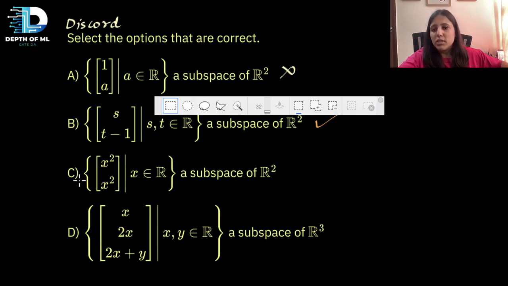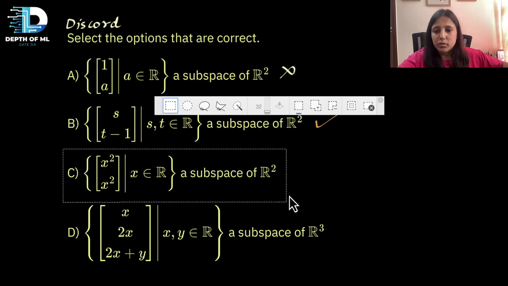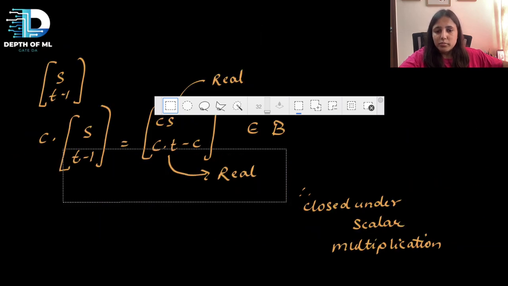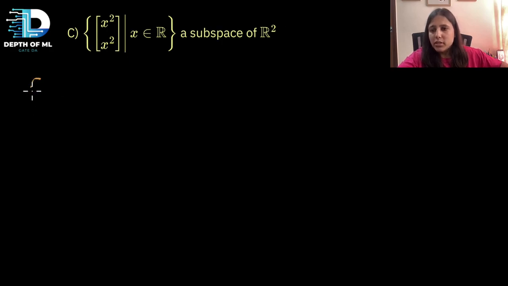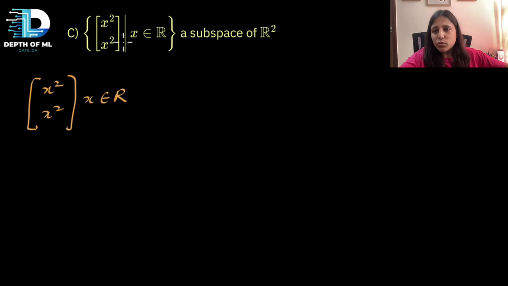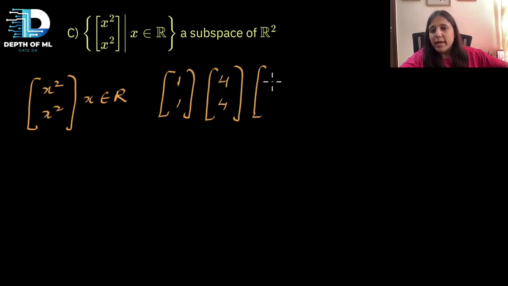Fine. Now let's see the C option. We have (x square, x square) where x belongs to R. Now here x square is there. So every value in this subspace is of this form. For example, you'll have (1, 1), or (4, 4), or (9, 9), and many more.